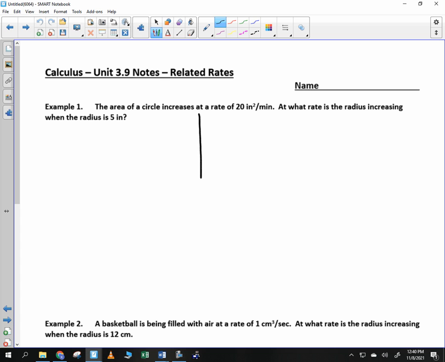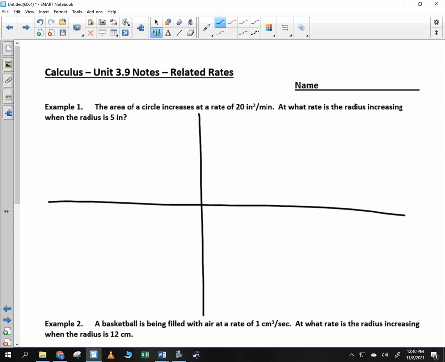So I like to take word problems and divide them up into 4 sections, because it helps me organize my thoughts. In the first box is where I model the problem.